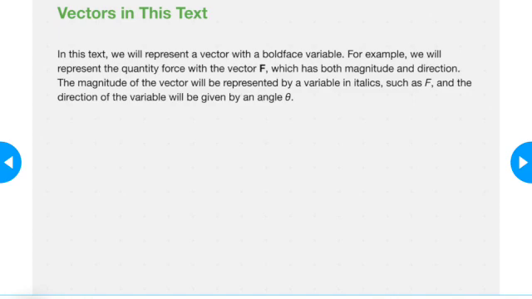Now, some notes here. They talk about it in this, but I'm going to detail it a little bit more. Whenever you talk about vectors and scalars in text and print, like when it's printed on something like this, or in a textbook, or on a worksheet, vectors are bolded.